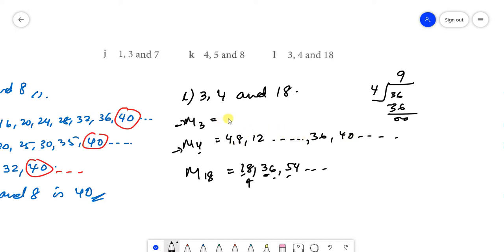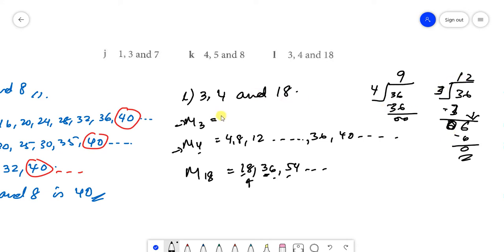Similarly for 3, we can check 36. 3 ones are 3, 3 twos are 6, and so 3 times 12 is equal to 36.